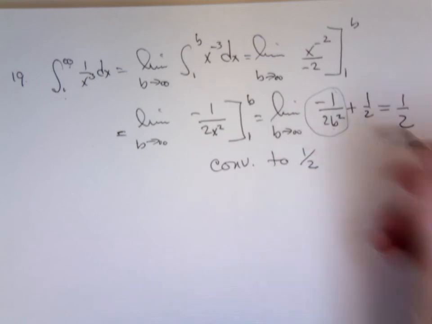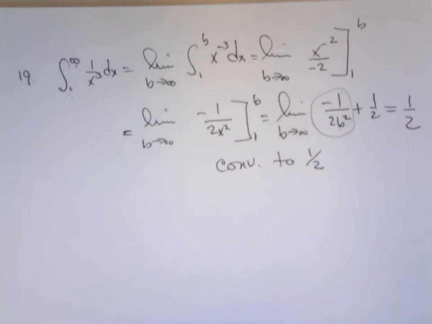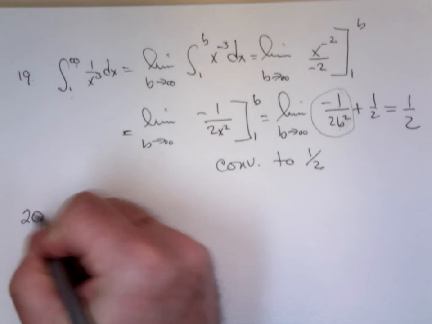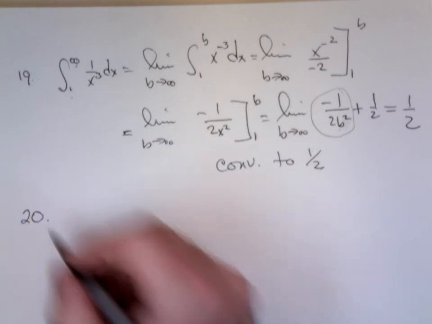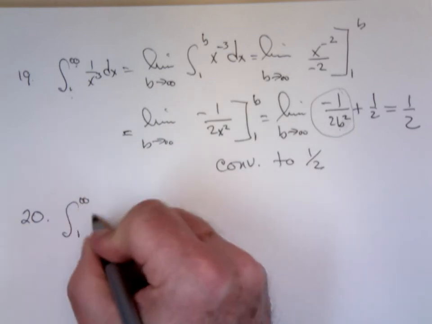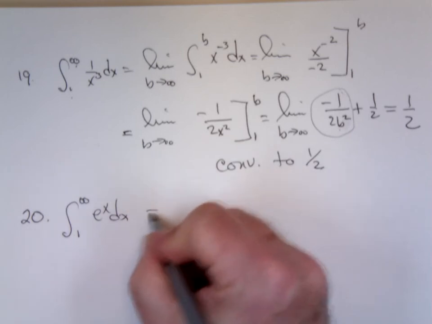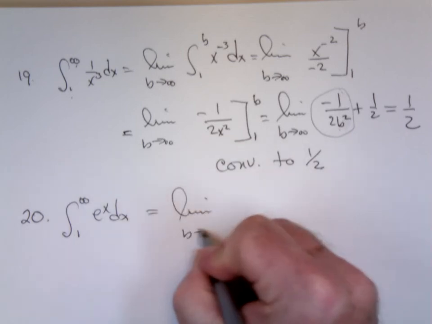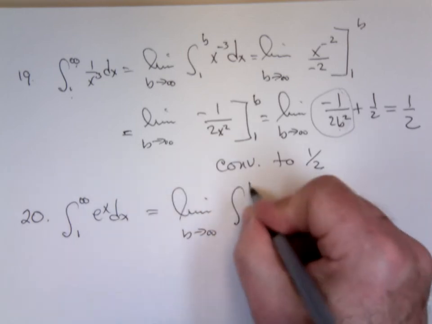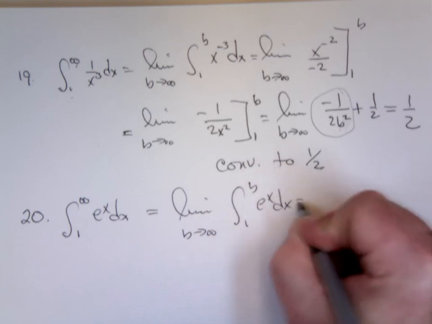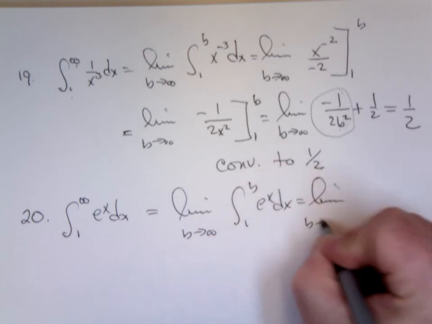And number 20, the last one. The integral from 1 to infinity of e to the x dx. Take the limit as b goes to infinity of the integral from 1 to b of e to the x, which is the limit as b goes to infinity of e to the x from 1 to b.